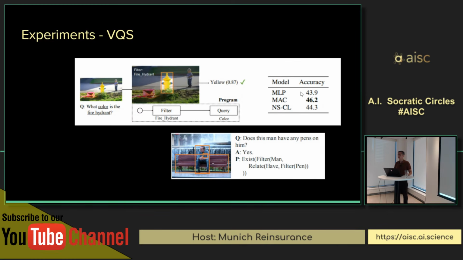It seems very similar to the VQA. Yes, but the thing with the VQA dataset is you have a very limited number of concepts, and here the number of concepts is huge. They still train on this dataset.